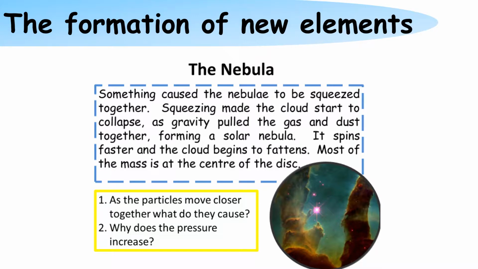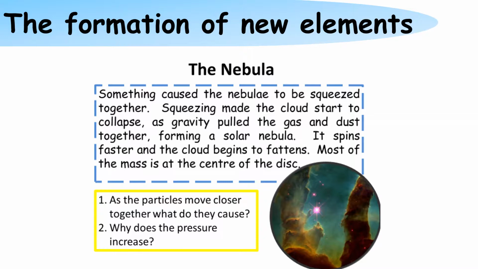New elements form as a result of nuclear fusion within stars. To start this, we start off with nebulae. Something causes the nebulae to be squeezed together at the start. The squeezing made the cloud start to collapse. As gravity pulled the gas and dust together, it formed a solar nebula.